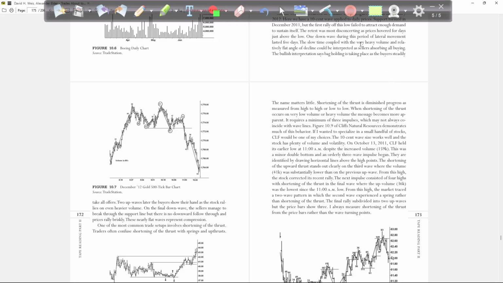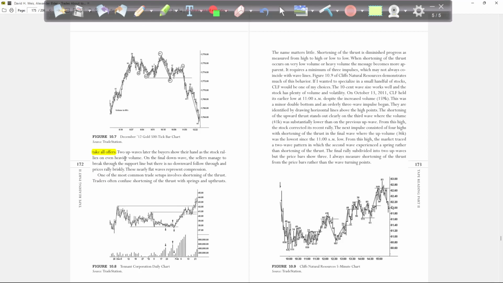So let's mark it down. Two up waves later, the buyers show their hand as the stock rallies on even heavier volume.